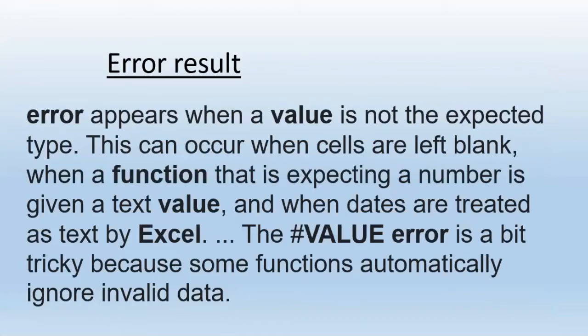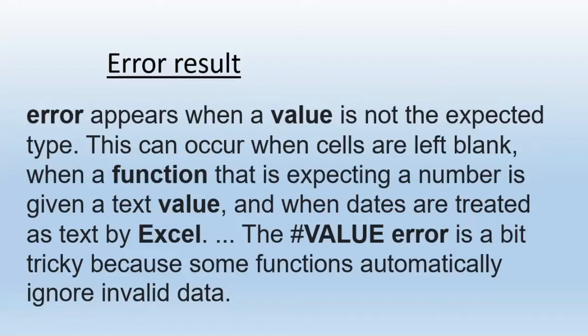Now moving on to the next one, the error results. An error appears when a value is not the expected type. As you all know, whenever there is an error in the formula, it shows an error result, meaning the result is not proper according to our requirement.